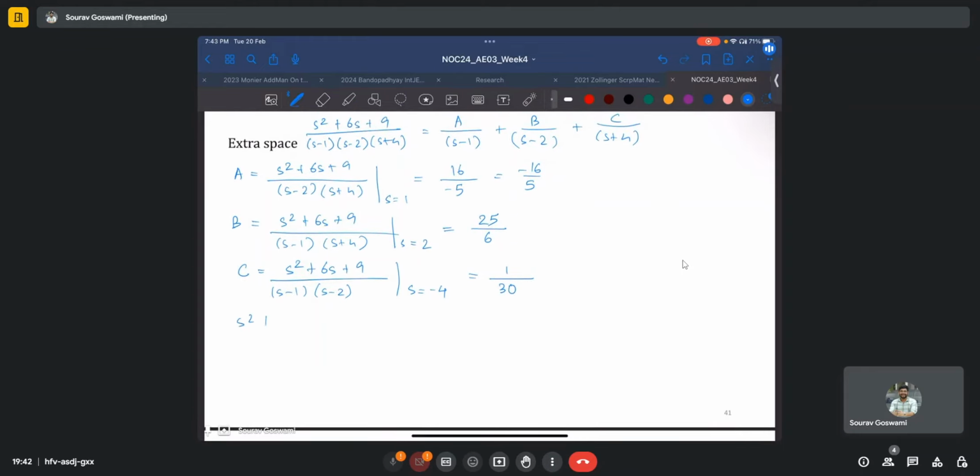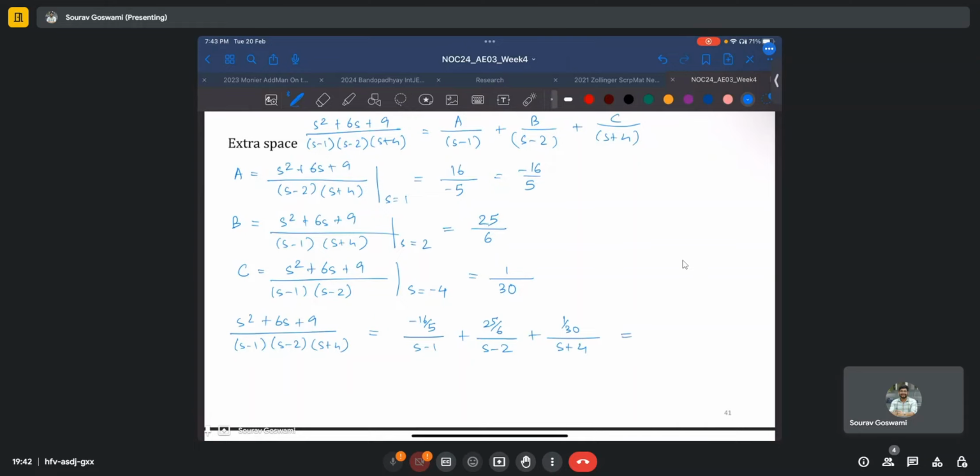So s square plus 6s plus 9 by (s minus 1)(s minus 2)(s plus 4) can be written as minus 16 by 5 by s minus 1 plus 25 by 6 by s minus 2 plus 1 by 30 by s plus 4.